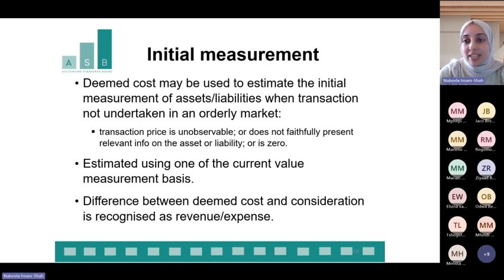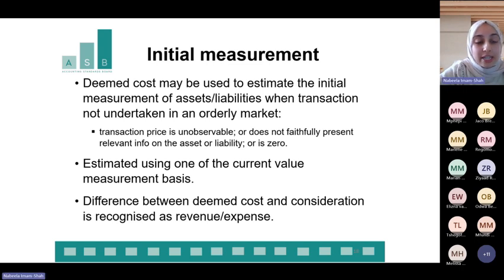The transaction price is affected by relationships between the parties or by financial distress or duress by one of the parties, and the transaction price information is not available on the date of adoption of IPSAS. Those are the instances that IPSAS 46 identifies.